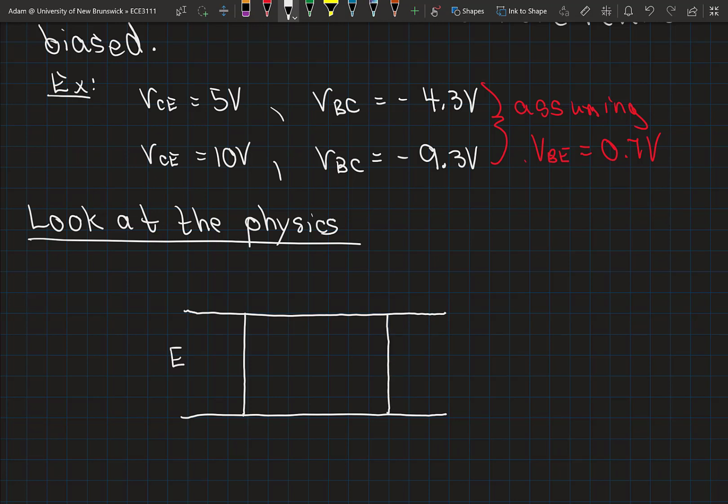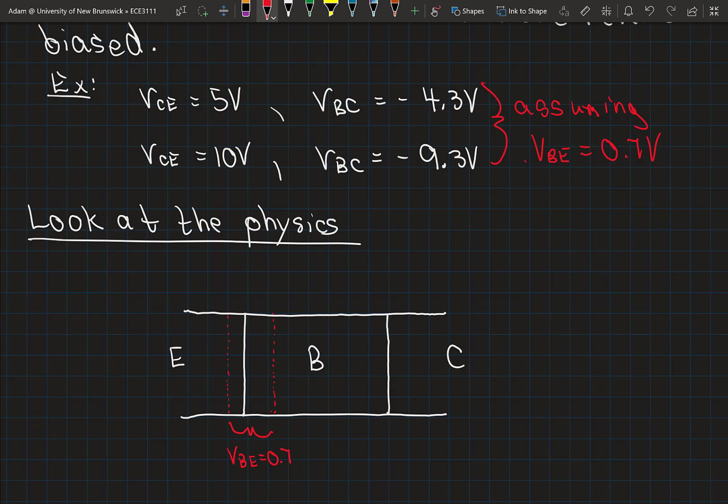So here's our emitter, here's our base, here's our collector, and this base to emitter junction is going to be at a fixed width because the bias across that junction is fixed at 0.7 volts, right? So we have a voltage across this junction of 0.7 volts, and therefore we have a fixed width.